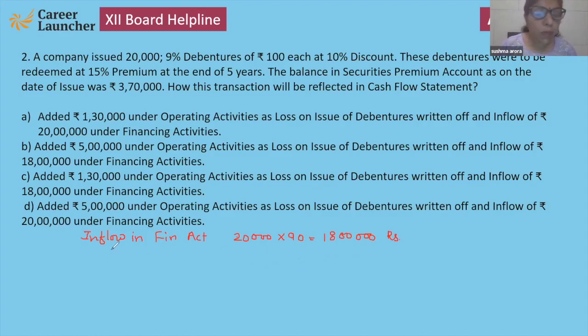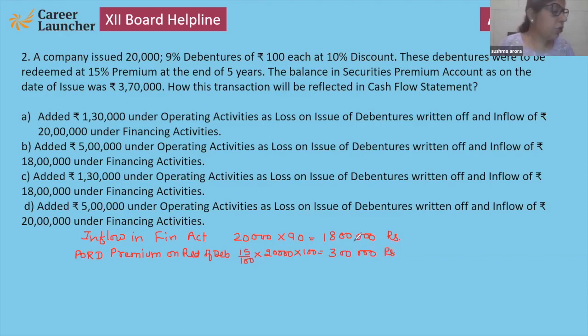Premium on redemption of debentures, which I told you to learn as POD, will be 15%. Numbers into rupees, that will be 3 lakh.